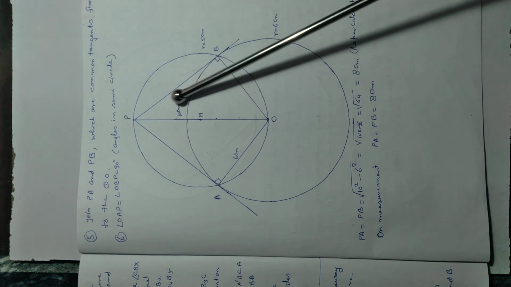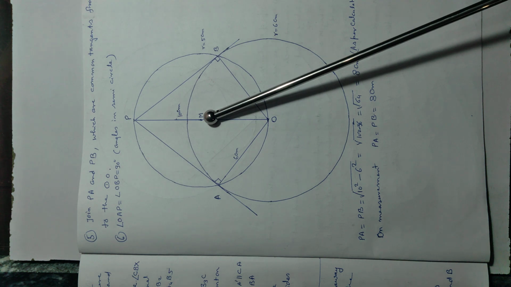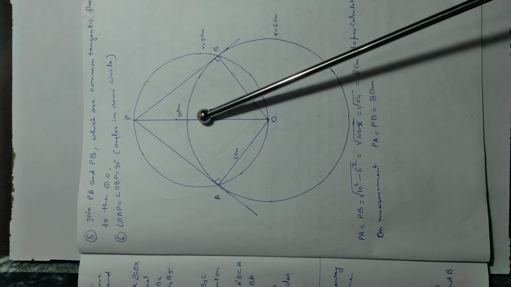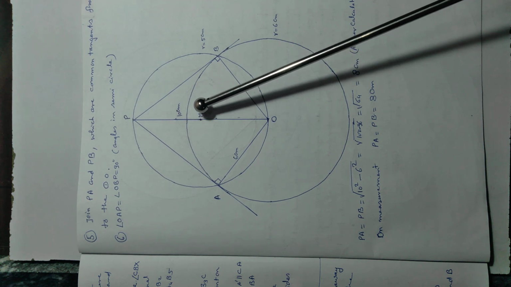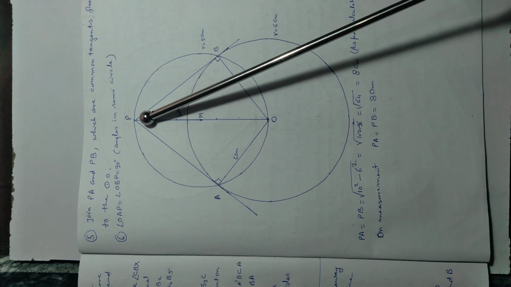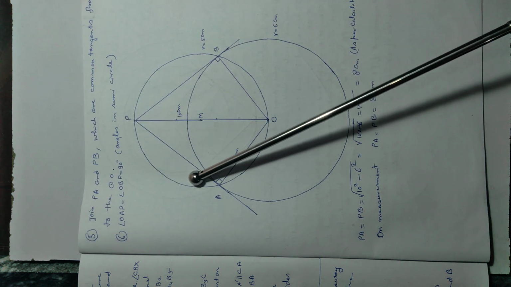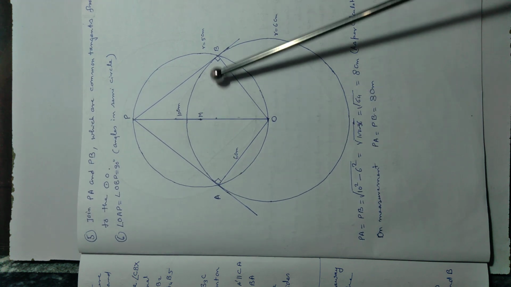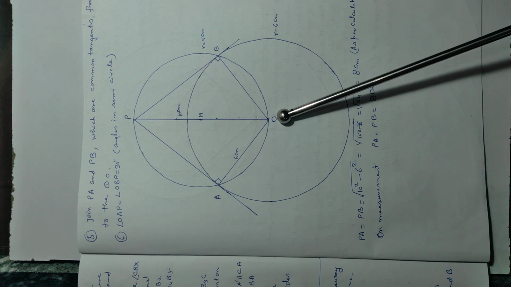Taking OP as a diameter, find the midpoint. Let M be the midpoint, and taking M as a center and radius equal to MO or MP, draw a circle which cuts the first circle at A and B. Now you see PO is a diameter.